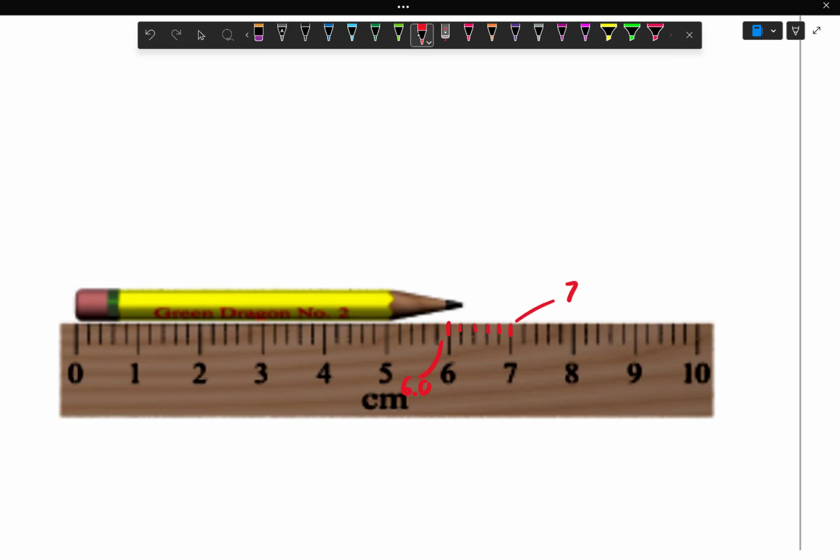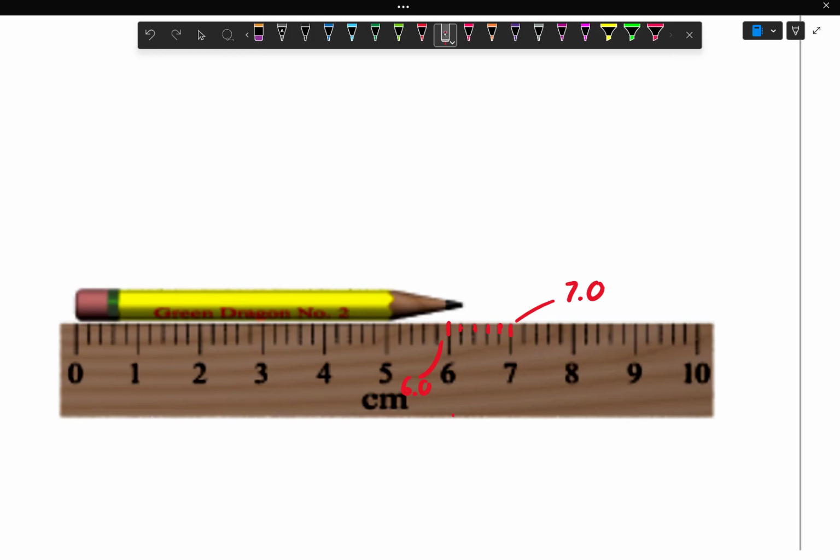So this one is 7 centimeters. Now, these little lines here, there's 5 increments between each whole number value. So there's 5 increments between this 6 and this 7.